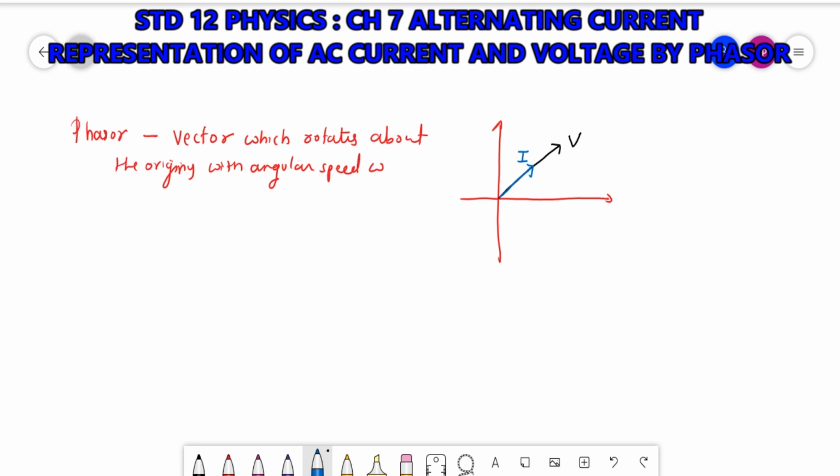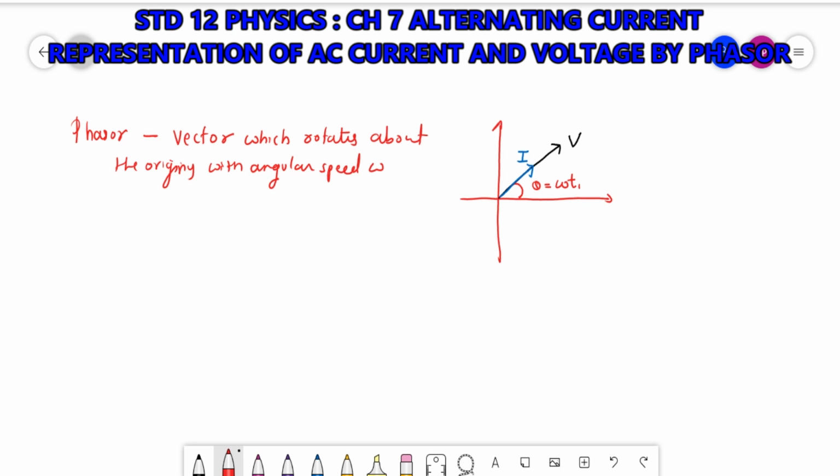This is the condition when only a resistor is connected, so both voltage and current are in the same phase. This angle theta will be equal to omega t, at any time t equal to t1.